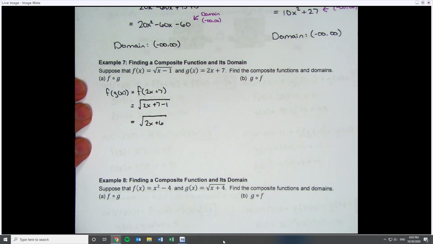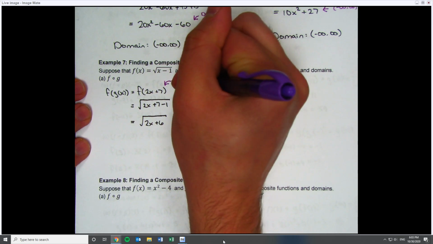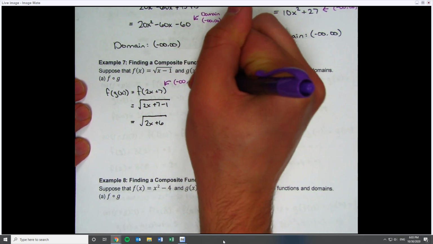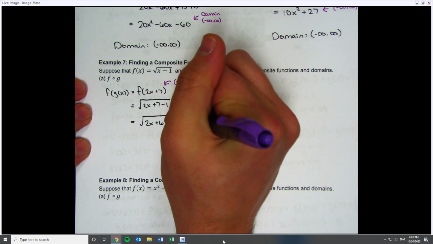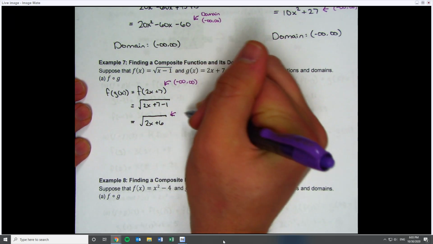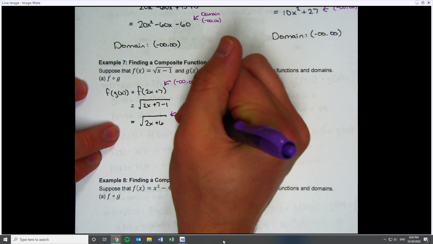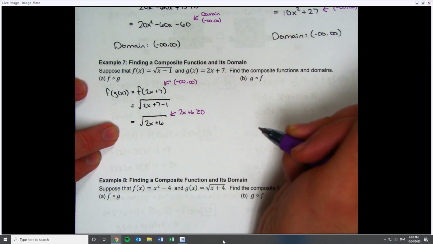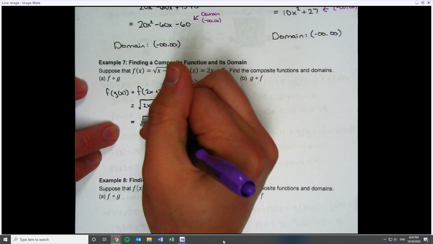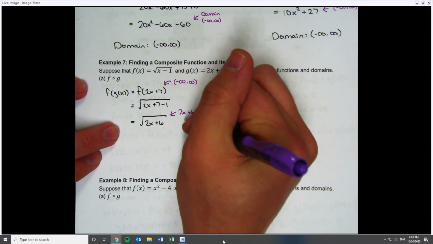Now, figuring out the domain on this one, for the inside, I have negative infinity to positive infinity for the domain. But for this one, I have a square root. So if you remember, I have to be careful. I have to say 2x plus 6 is greater than or equal to 0, because for the domain of a square root, it has to be greater than or equal to 0.